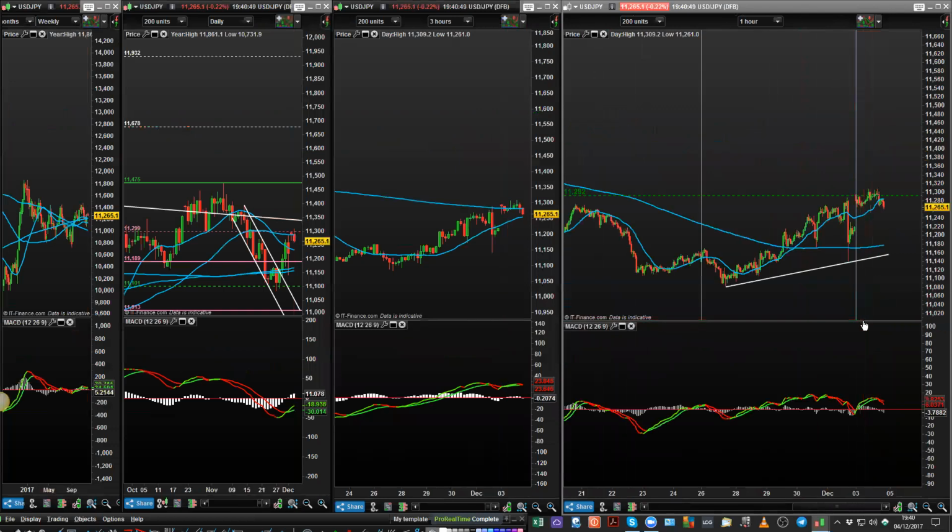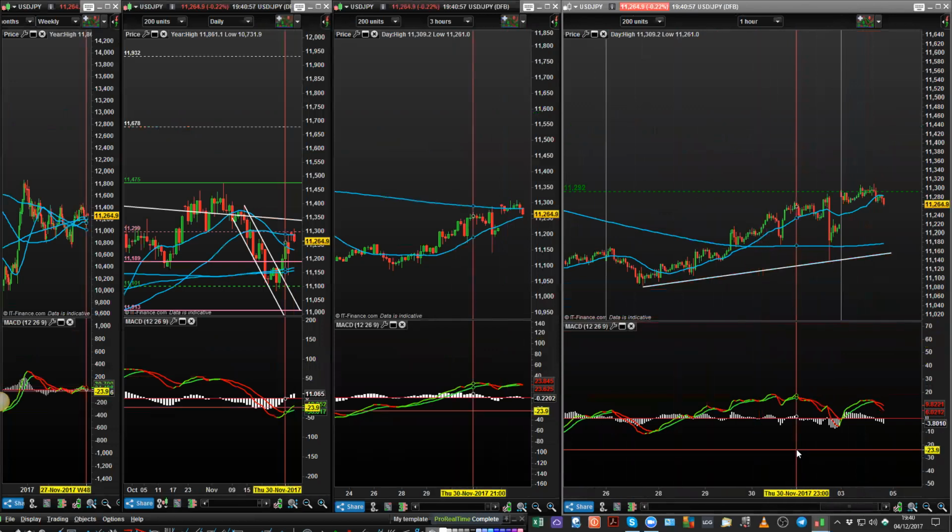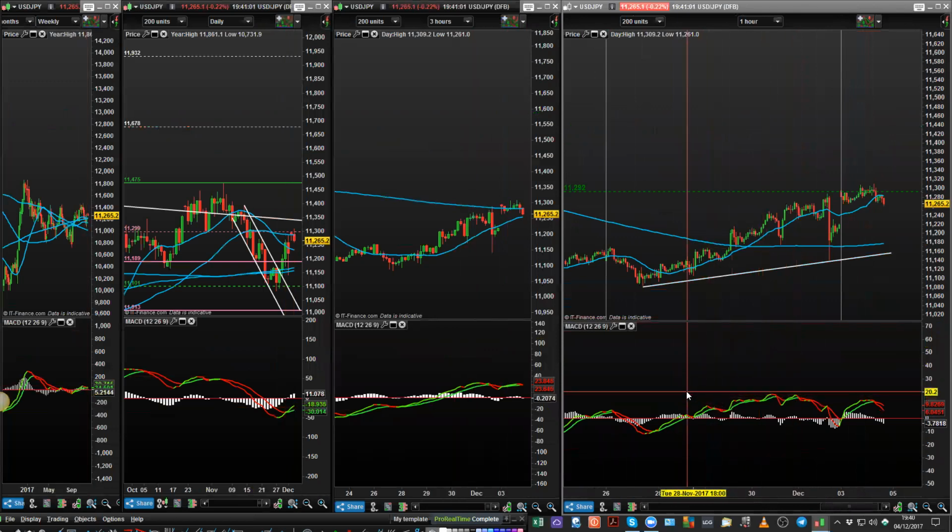Okay, but I like the MACD. The thing about the MACD is I think it's a very sensitive indicator, more so and more visual than a lot of other indicators. That's why I like it.